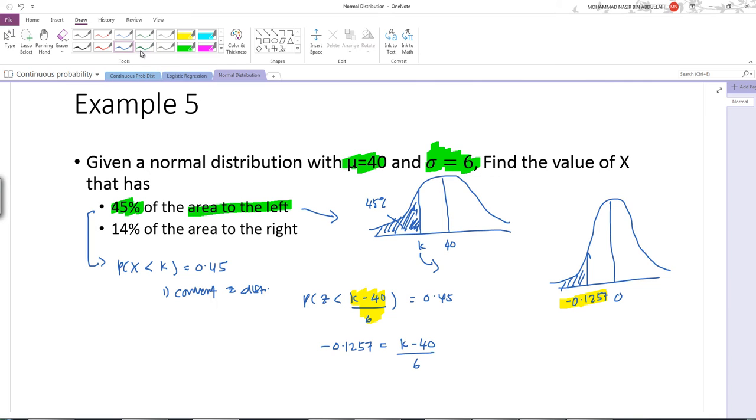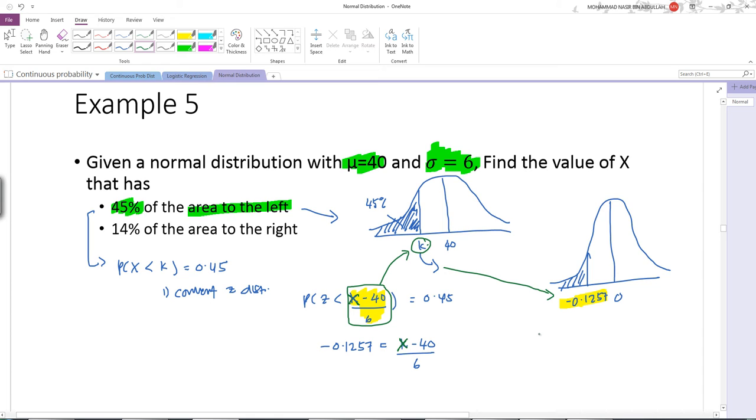Okay. Maybe I confuse you with the term k yang banyak sangat kan. This is the k value yang kita nak cari. But this is, kita letak x lah, x. This is x. And the whole value here is equal to k. And the k is equal to negative 0.1257.